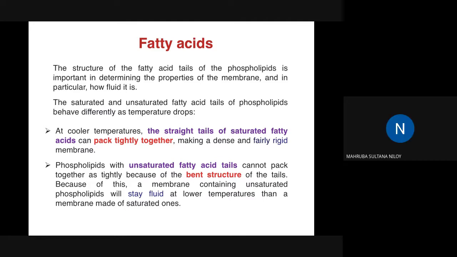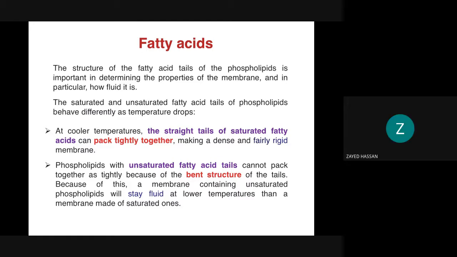So at lower temperature, if the membrane becomes so rigid, then it might break down, okay. So if it carries extra unsaturated fatty acid, then it will not break. Is it clear? Yes, sir.